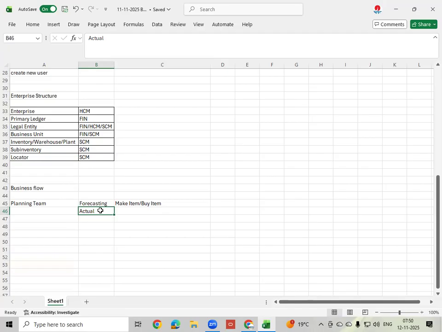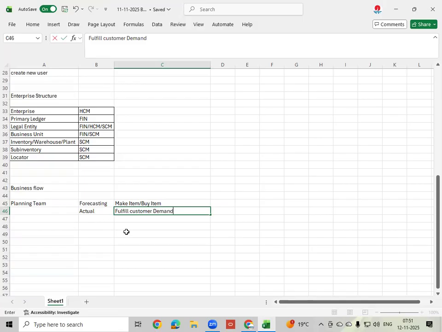Actual demand means the customer ordered: I need this product, this much quantity, on this date. That is the actual demand, and I will fulfill the customer requirement. Customer demand is the actual demand.